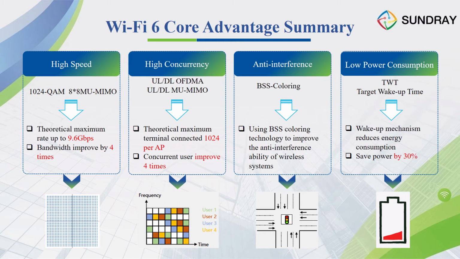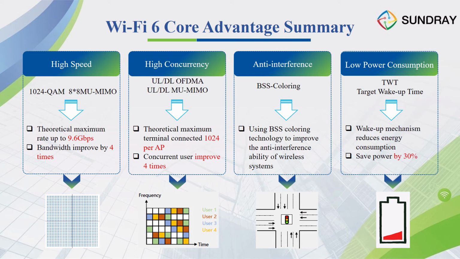Because right now, if we use 2.4G or 5G products and put many APs there, the distance between them is not that far, so there will be heavier interference. Our experience is very bad because of the interference. So Wi-Fi 6 has improved on that. The technology uses BSS coloring. And another one is lower power consumption.